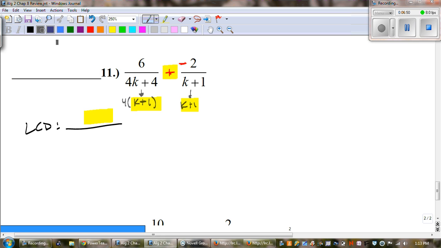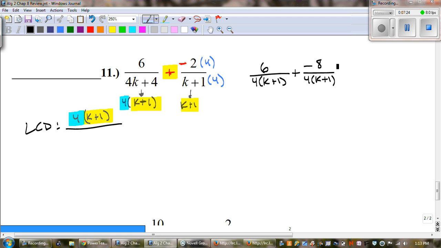They both have the k plus 1, but we need to add the 4. Okay, so what that's telling me is I have to multiply the second fraction by 4. So when we do that, the bottom is the 4 times k plus 1, plus 2 times 4 is 8 over 4 times k plus 1.